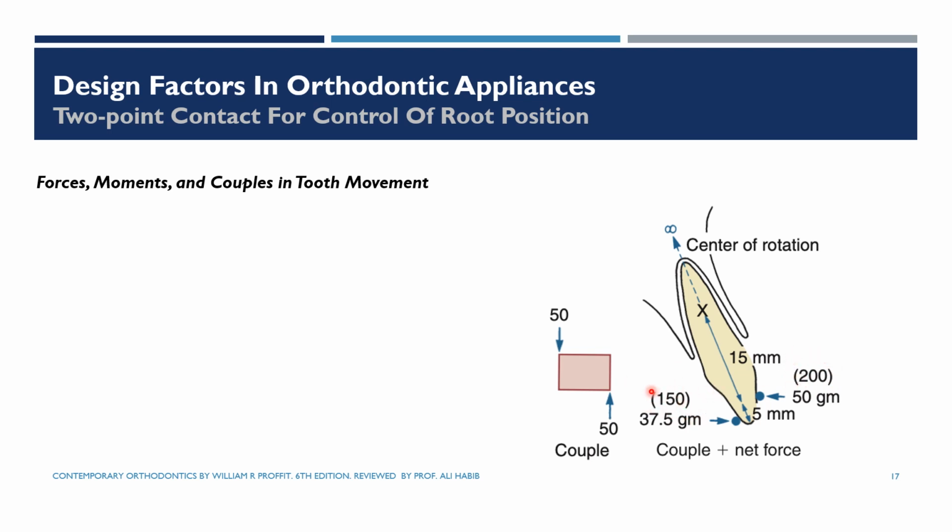And this is how we control our movement. If we want to have more root movement instead of crown movement, then we have to increase the counteracting moment to make it larger than the moment of the force. This is how we control our tooth movement.